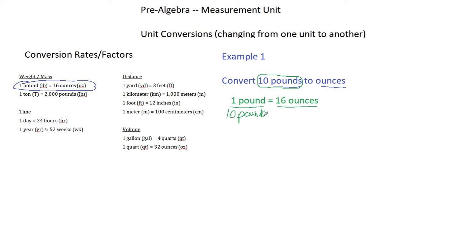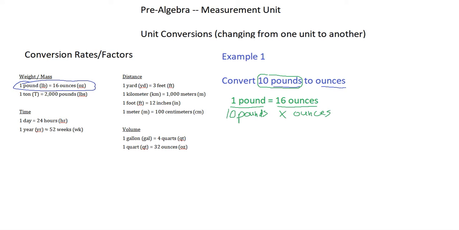So pounds on the left on the top, pounds on the left on the bottom. Okay, we're being consistent. We're putting pounds on the left for the top and the bottom. And we're trying to figure out how many ounces this is. So you can say it's X ounces, or use a question mark. I don't know how many ounces it is.